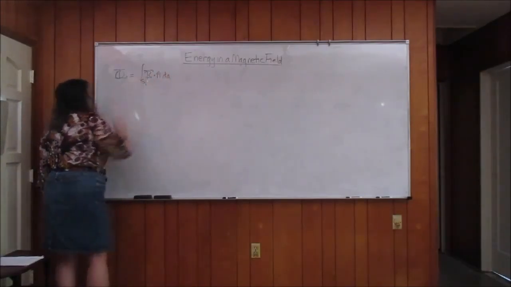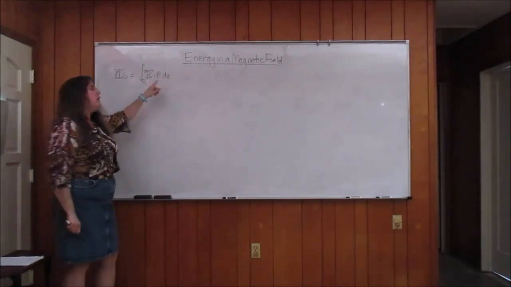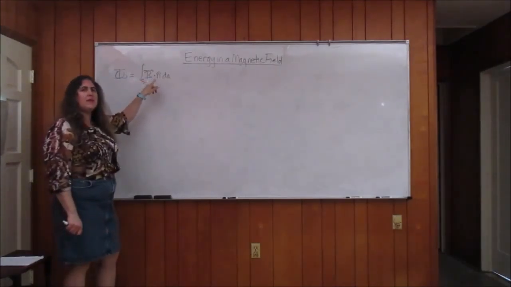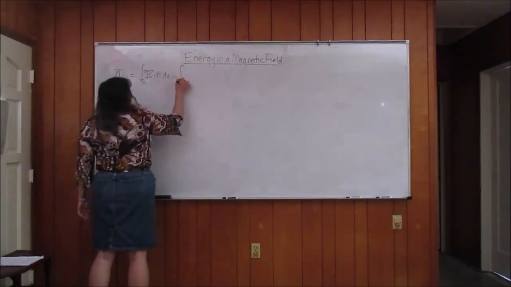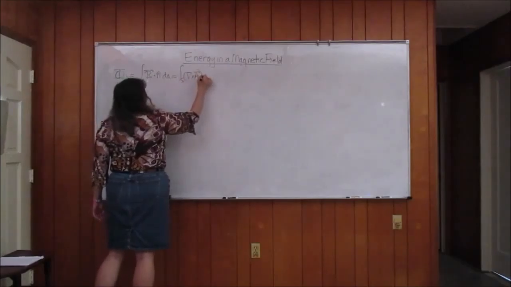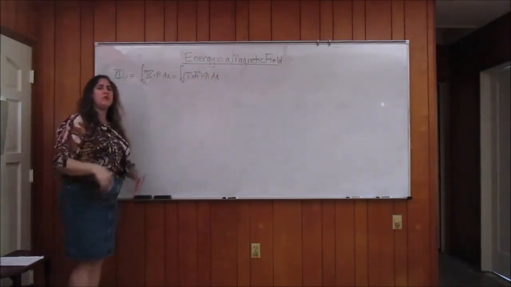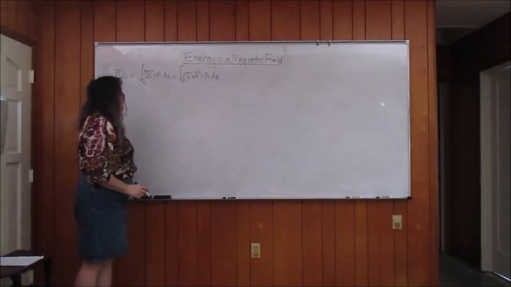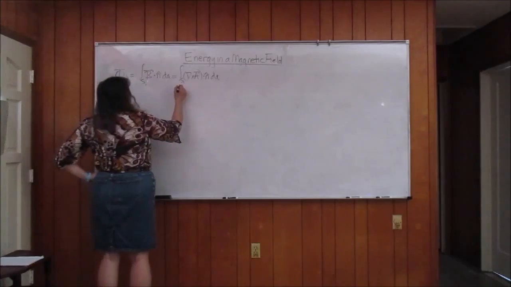Magnetic flux through the outer circuit is just equal to the surface integral of the magnetic field dotted into the normal of the surface, and I can replace the magnetic field by the curl of the magnetic vector potential, and I can use Stokes' theorem to convert this to a line integral.